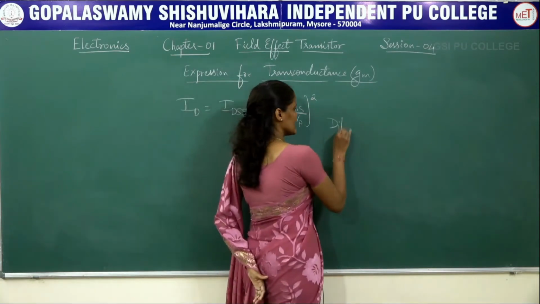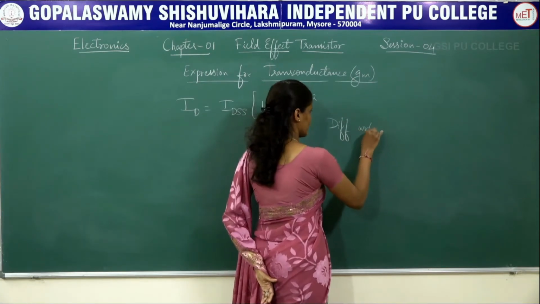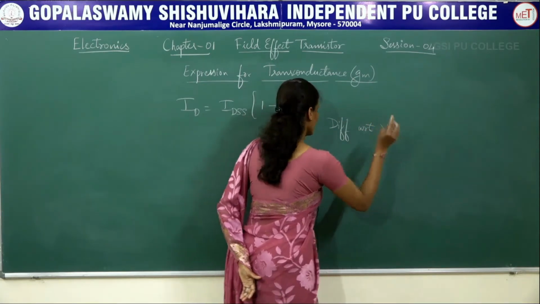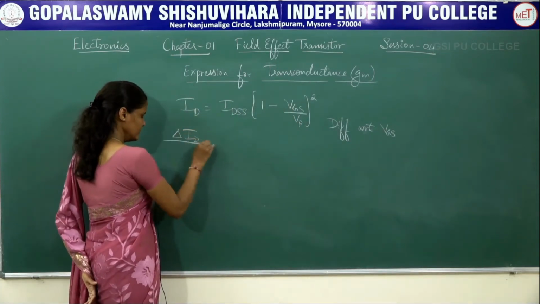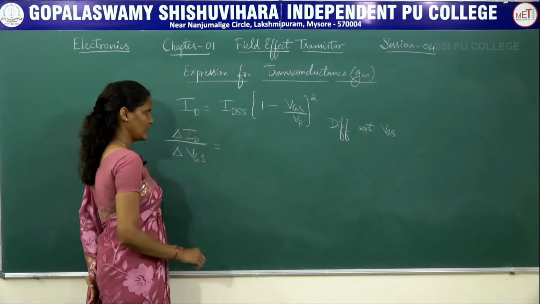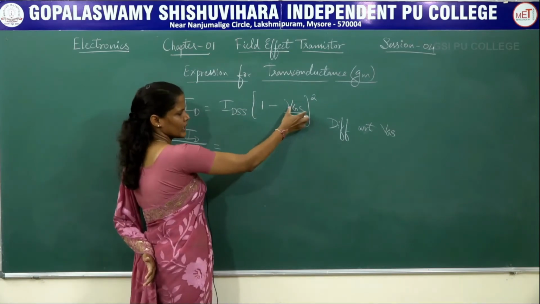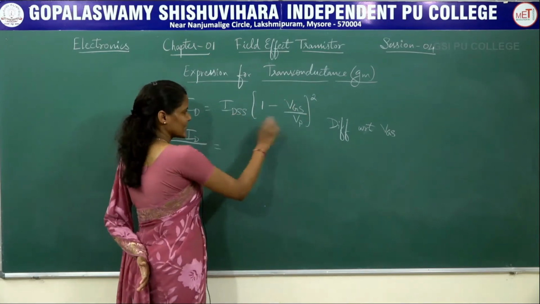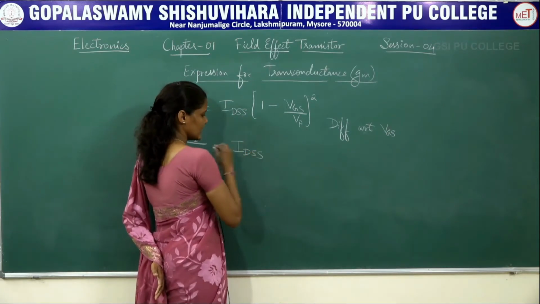So differentiating with respect to VGS, this becomes delta ID by delta VGS. This is the LHS part. Since we are differentiating with respect to VGS, all these terms will become constant. So this constant part remains the same.